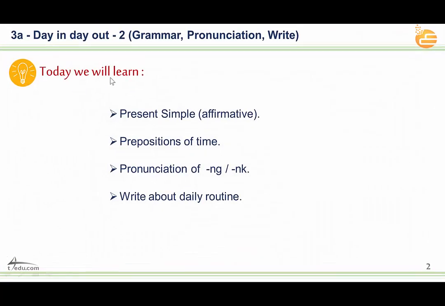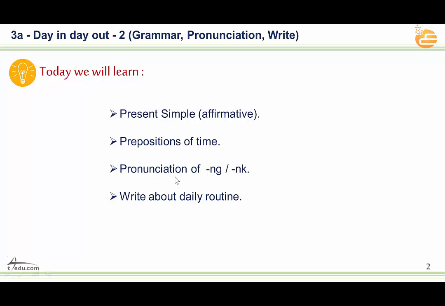First of all, today we will learn number one, present simple affirmative. We will talk only about the affirmative sentences and later we will talk about the negative. The second thing, we will talk about prepositions of time.